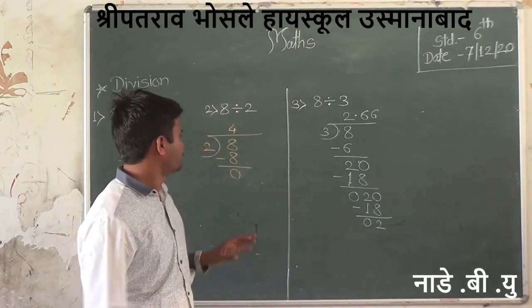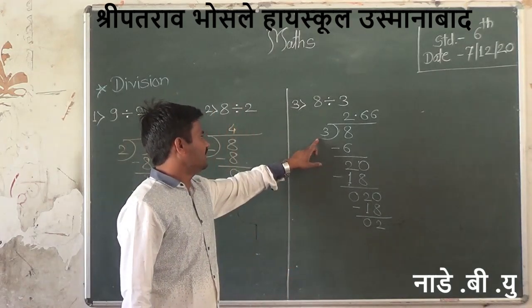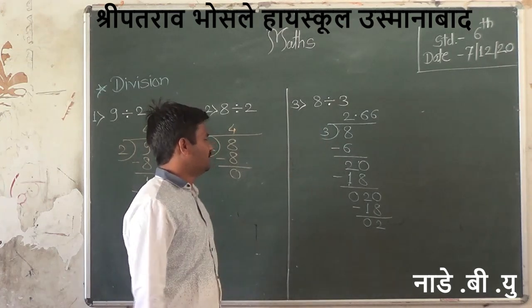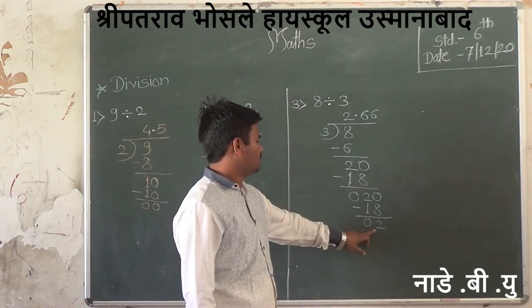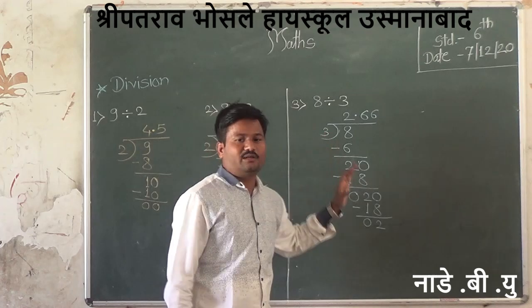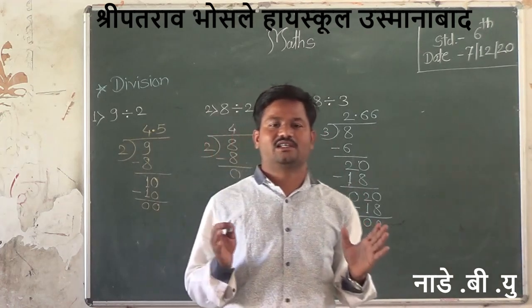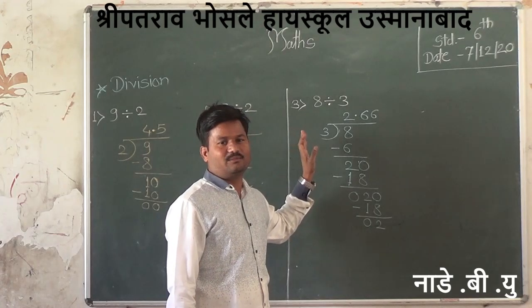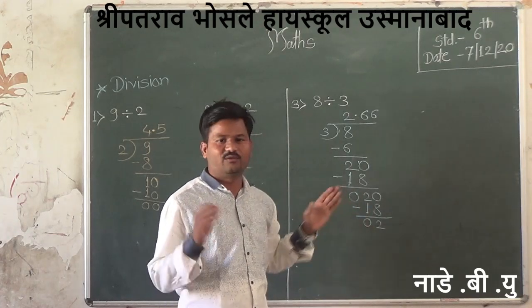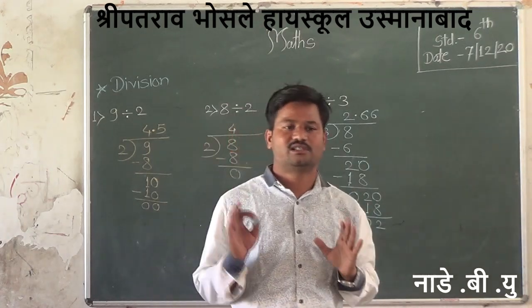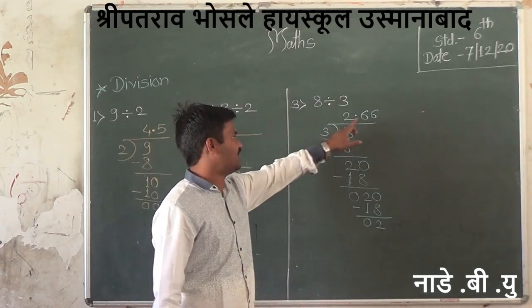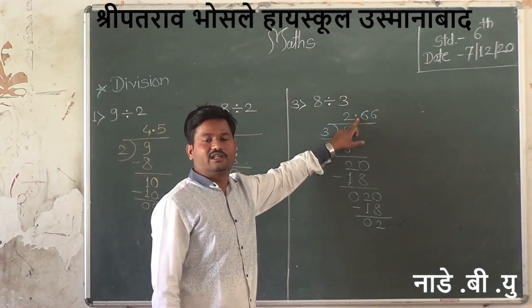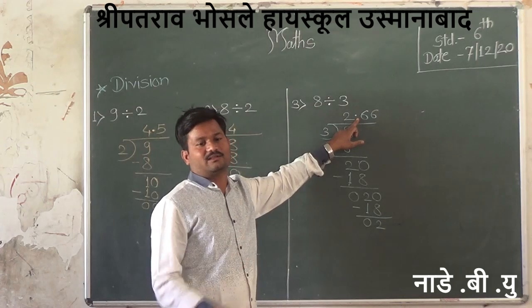If you see the third example, here the remainder is 2, like in the example 8 divided by 3. The remainder is not 0 and the quotient is an integer with a decimal fraction.